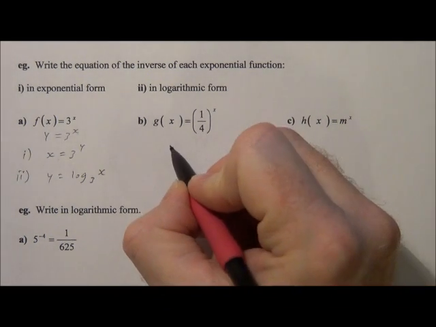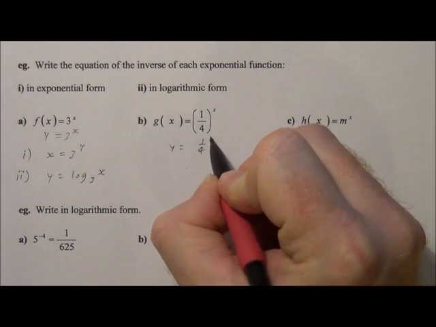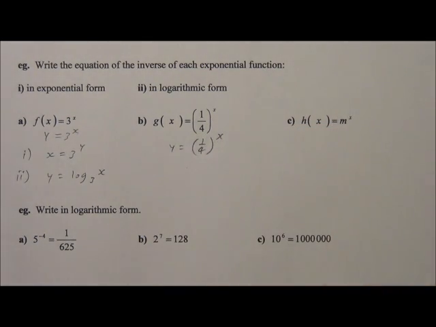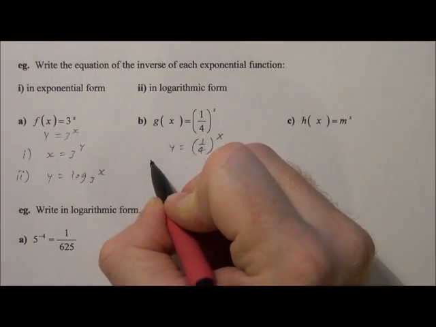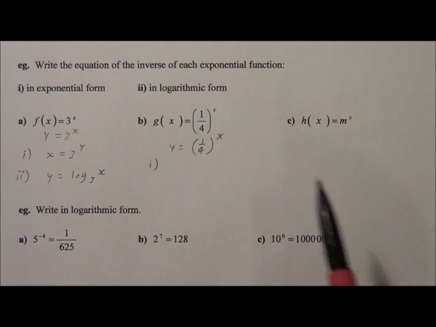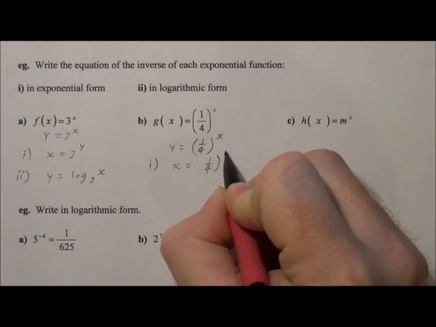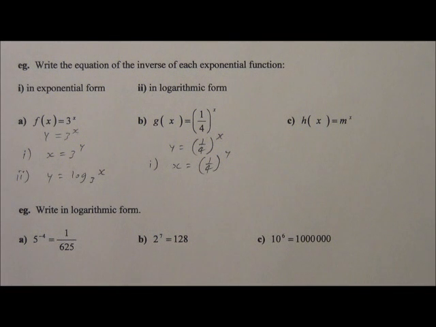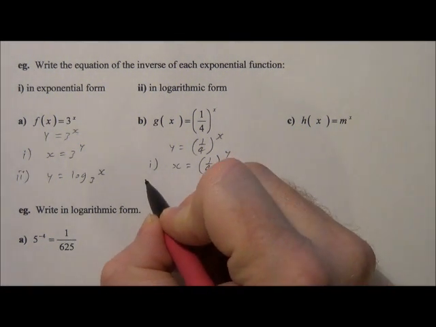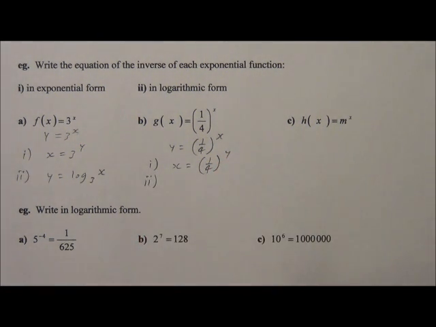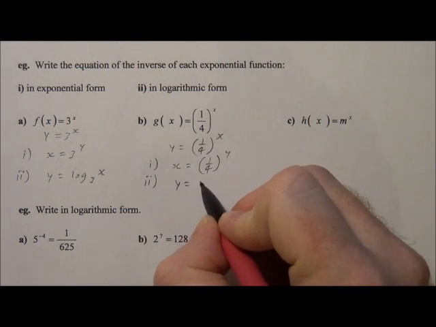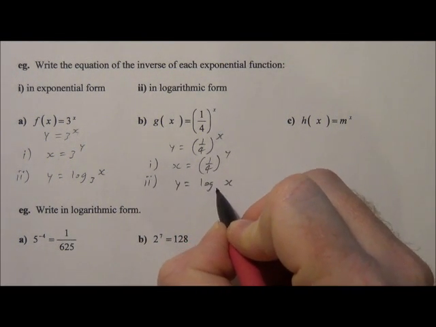For part B, y equals 1/4 to the power x. So if we were to rewrite the inverse of that, we'd get x equals 1/4 to the power y. And in logarithmic form, y equals log of x to the base 1/4.